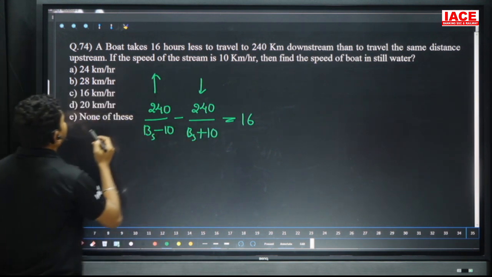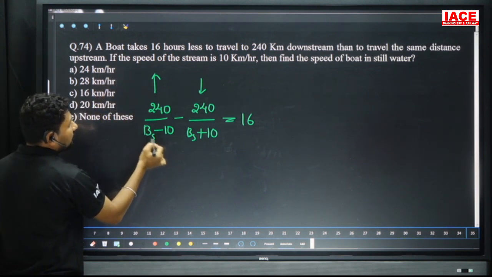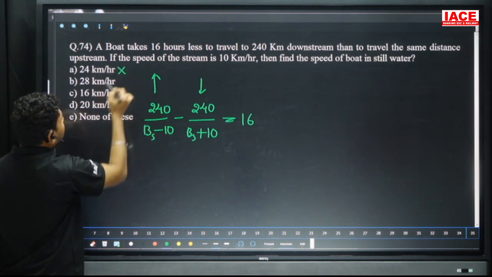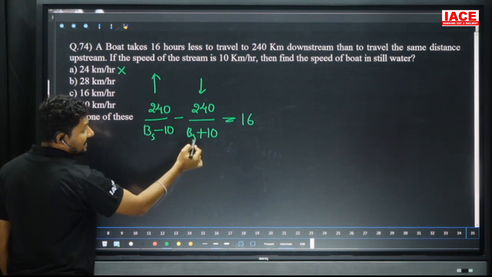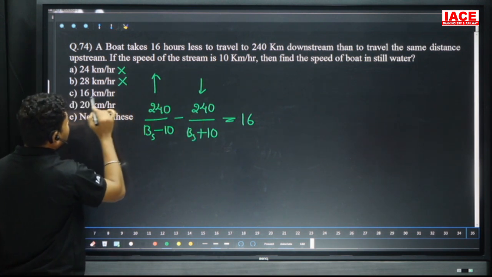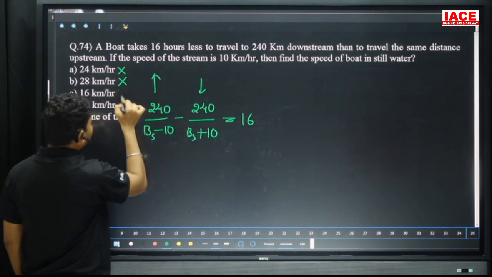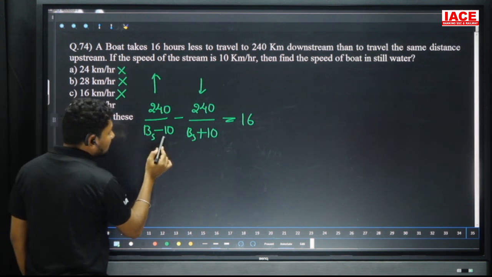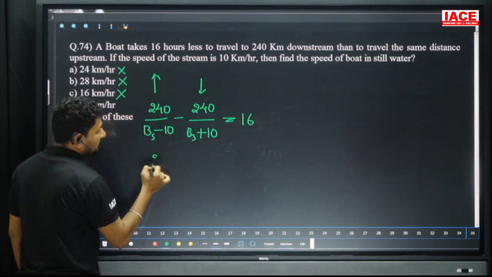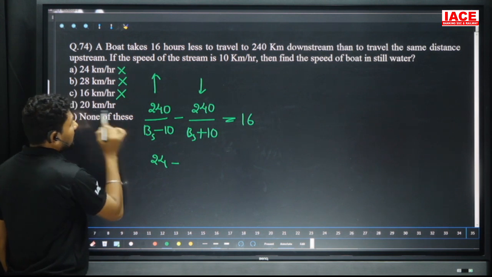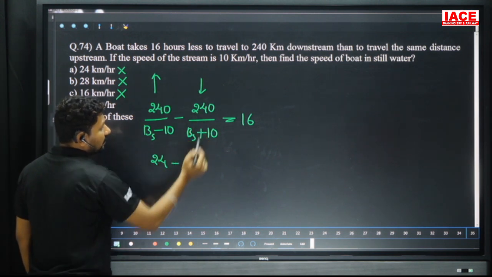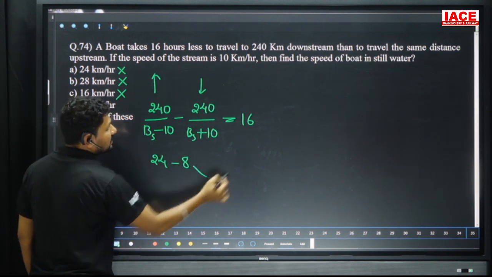So go for the options. If 24 is substituted, you get 14, which is not dividing 240, and 28 substituted you get 38, which is not dividing 240. 16 substituted, 26 is not dividing, so go for 20. 20 minus 10 is 10, 240 by 10 you will get 24. 20 plus 10 is 30, 240 by 30 is 8. 24 minus 8 is equal to 16.